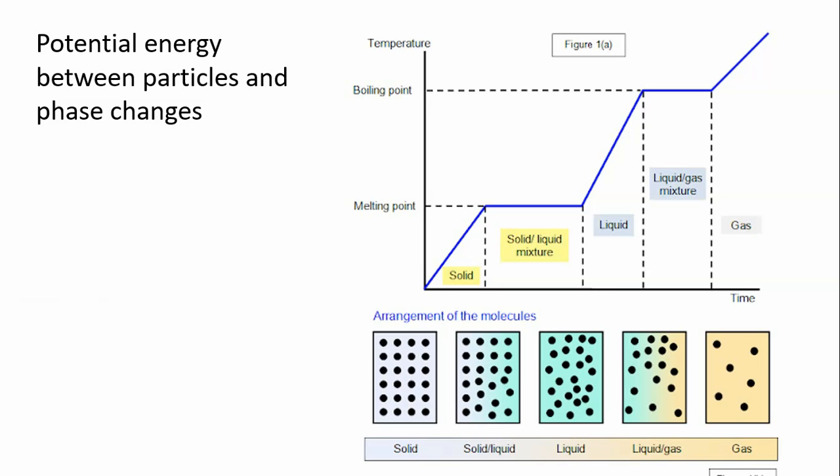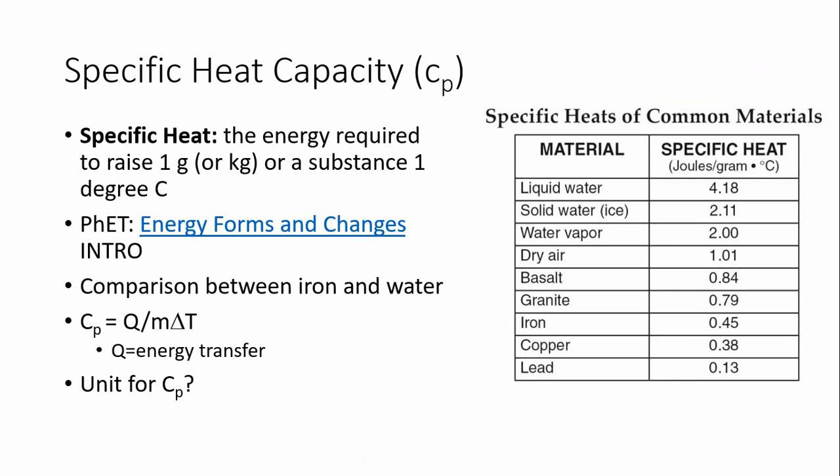So what are these two things, this latent heat and this heat of vaporization? We know that as we increase energy, we increase in temperature. So we're going to see in this table that we have a specific heat for these three phases: liquid water, solid water, and water as a vapor.